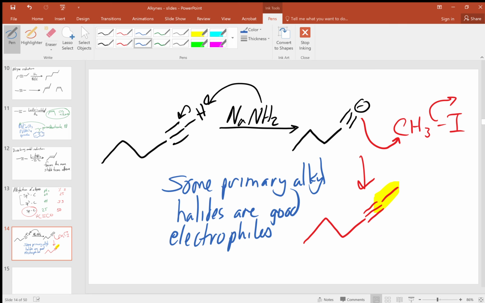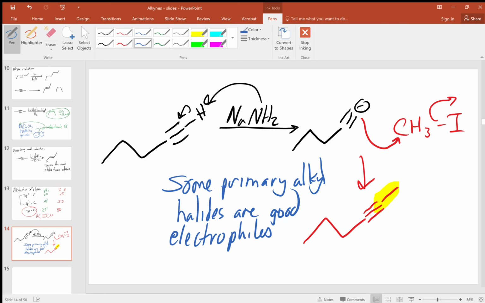In addition, tertiary alkyl halides are terrible, and secondary alkyl halides maybe, maybe not. But the more substituted your alkyl halide gets, the less likely it is to be able to undergo this reaction.